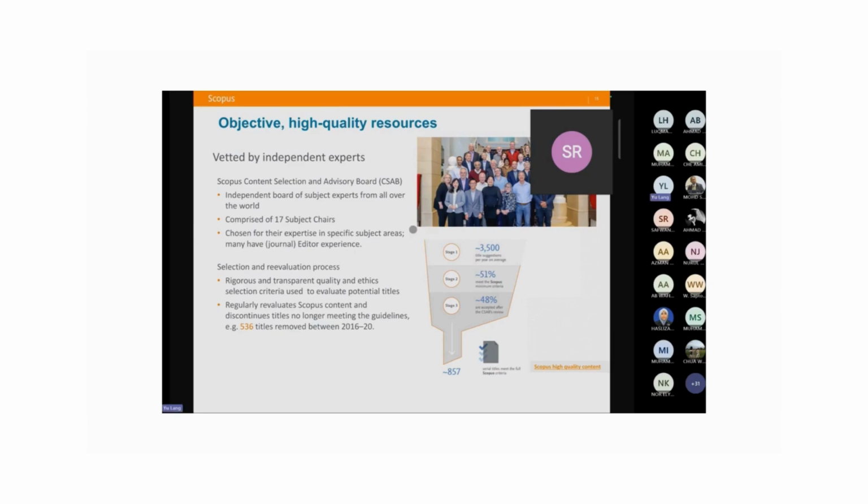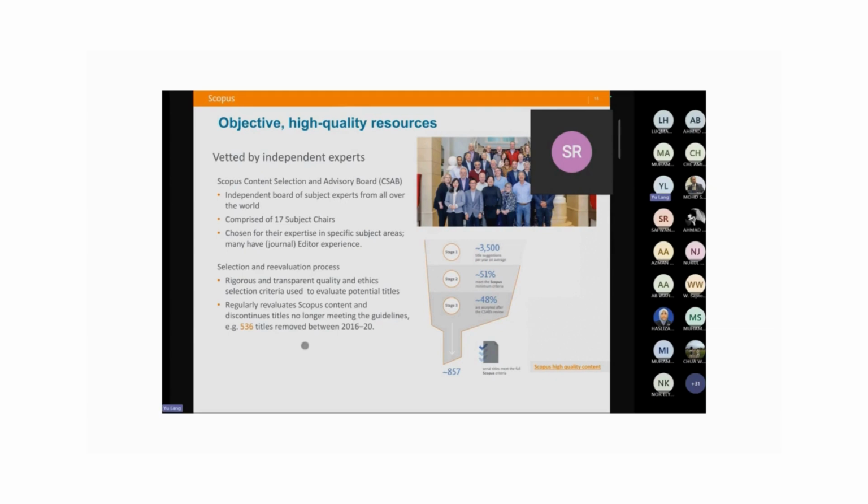For the serial titles indexed in Scopus, once a title is indexed, Scopus will still carry out a re-evaluation process from time to time, to make sure all the titles indexed in Scopus still meet all the criteria and maintain the quality.